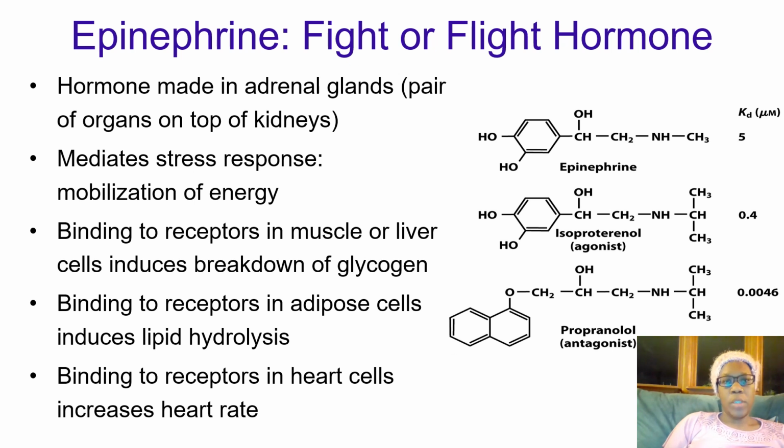So the G Protein Coupled Receptor, or the Adrenergic receptor, binds specifically to epinephrine to give us energy by breaking down glycogen in our liver to produce glucose. It binds to our muscles to give energy to our muscles, or to our fat cells to break down lipids to give us energy.